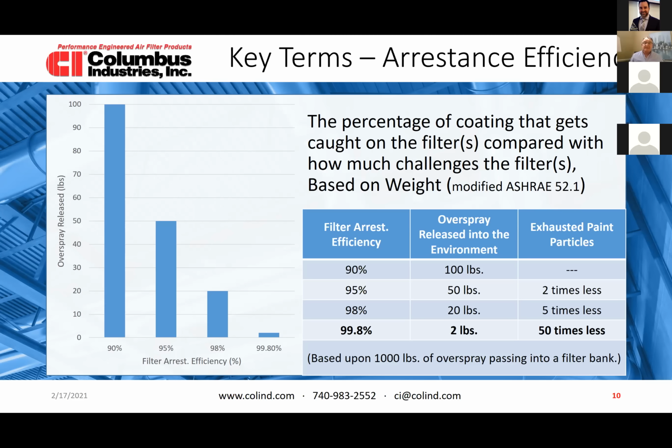The one thing about efficiency: when we talk about efficiency, we're talking about an efficiency for a particle that's slightly different from the dust particle. With a dust particle, you have a gas phase, you kind of know what particles are coming out.